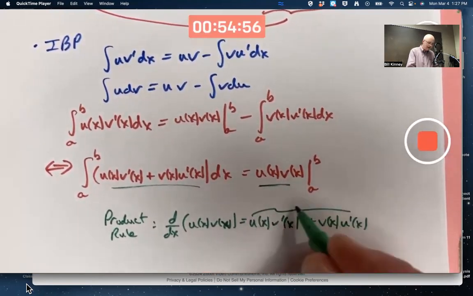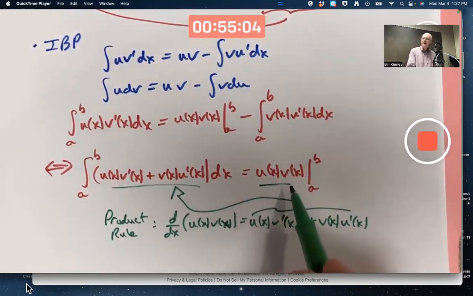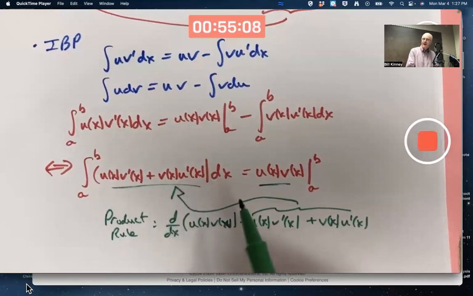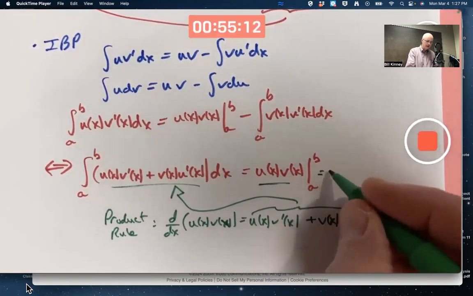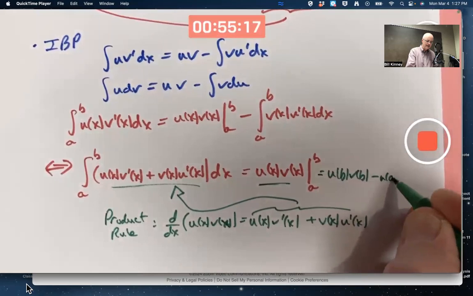Exactly the function that's being integrated there. So this u of x times v of x is an antiderivative of the function I'm integrating. By the FTC, the integral will equal this, which does equal u of b times v of b minus u of a times v of a.